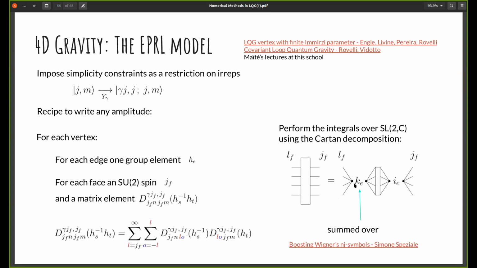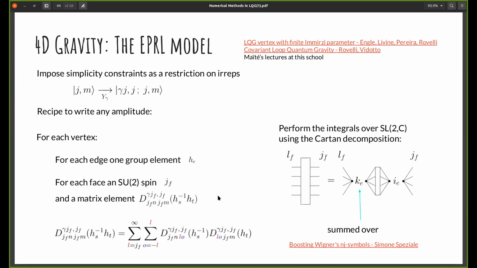You get a sum over some virtual intertwiners K of 4j symbols, so this is a normal intertwiner on the other side, and a strange object that exactly contains the integration over the non-compact direction, that I'm going to explain in detail in a second how to compute. But for the moment, let me just do this splitting.